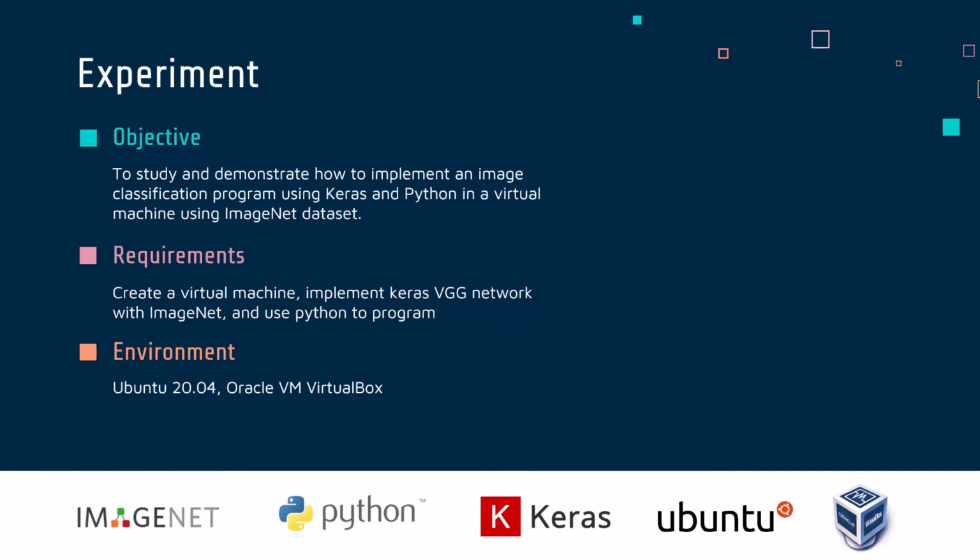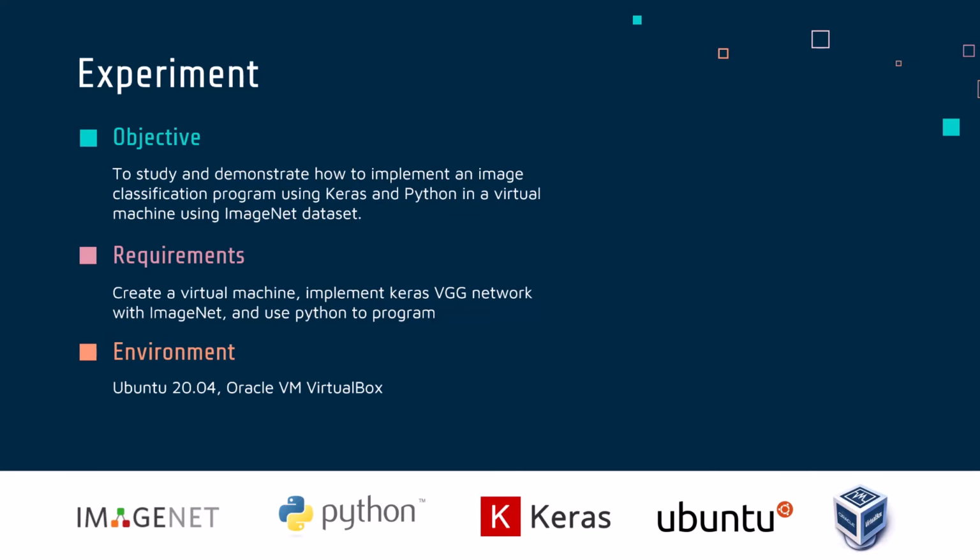The requirements are to get familiar with Keras and Python programming in a virtual machine, then utilize one of the three Keras model networks, the VGG16, VGG19, or ResNet 50, to recognize common objects using the ImageNet datasets. The working environment will be using Oracle VM VirtualBox and Ubuntu 20.04 version as its operating system.